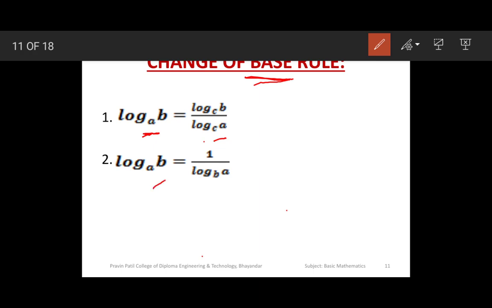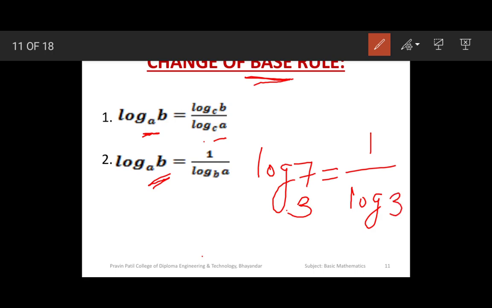We are just interchanging A and B, meaning value and base. If we interchange the value and base, then we just write 1 upon. So for example, log of 7 to the base 3 is given. Then that is equal to 1 upon log of 3 to the base 7.